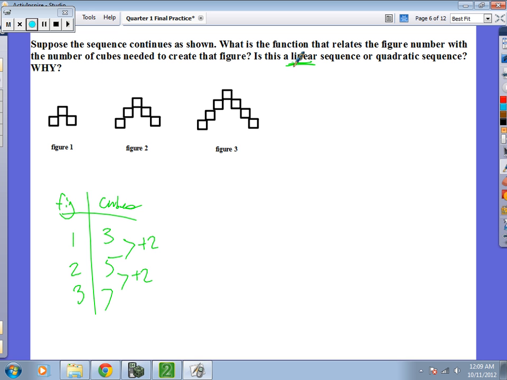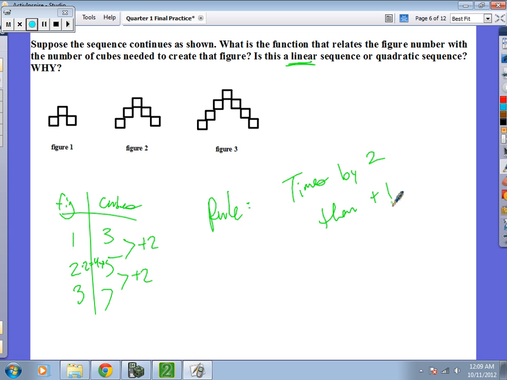Now, here's the rule. You always times by your change. I'm going to times by 2. So let's test it. 2 times by 2 is a 4, but I need to end up with 5, so I'm going to then plus 1.